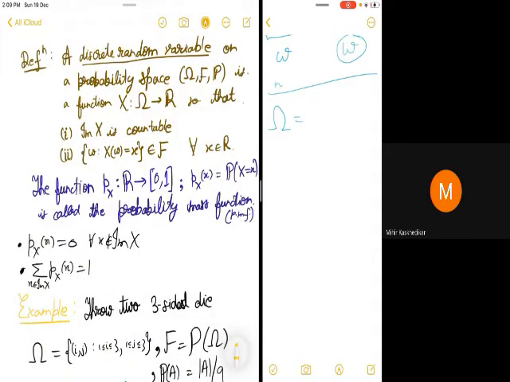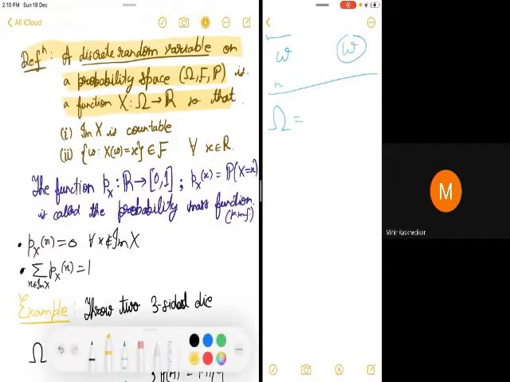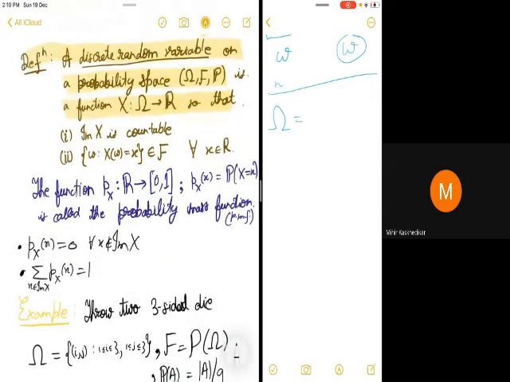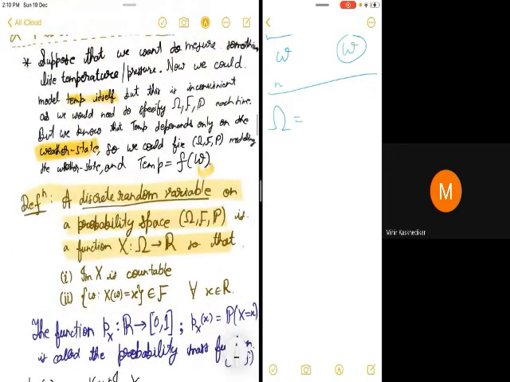A discrete random variable on a probability space (omega, F, P) is just a function X from omega to the reals, so that we have two conditions. We'll see why these are important. The first thing is that we wanted to measure temperature, say.